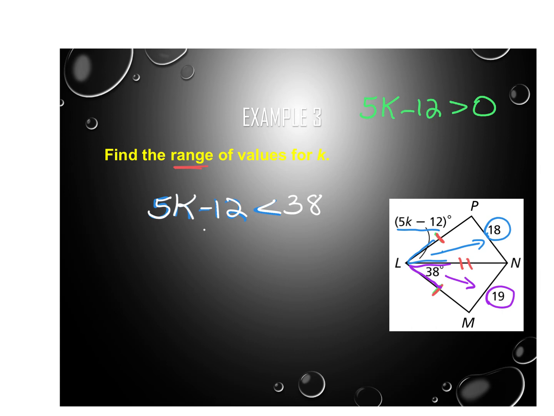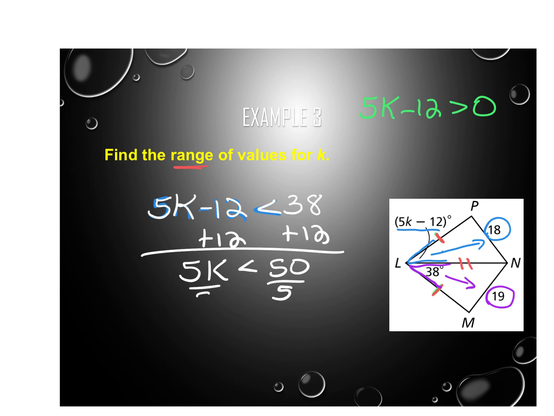If I solve the first one, I'm going to add 12. 5K is less than 50. Divide by 5, and K has to be a number that's less than 10. And then I'm going to solve the green one by adding 12. 5K has to be greater than 12.